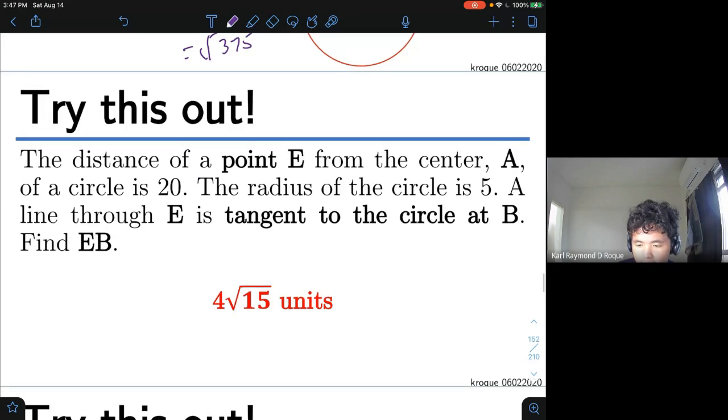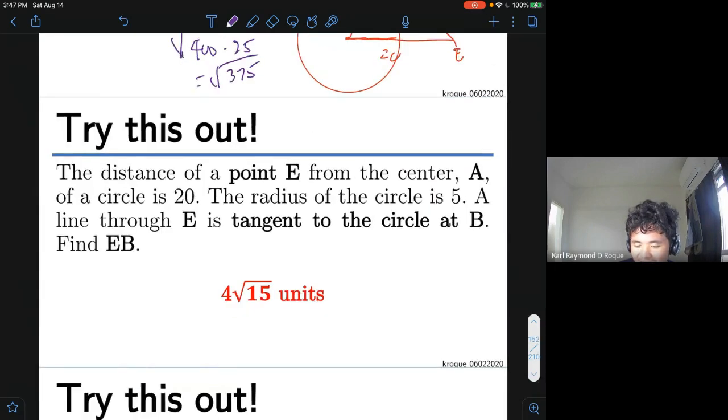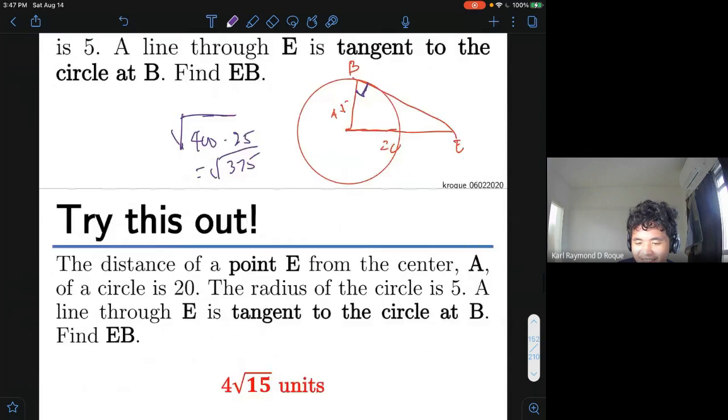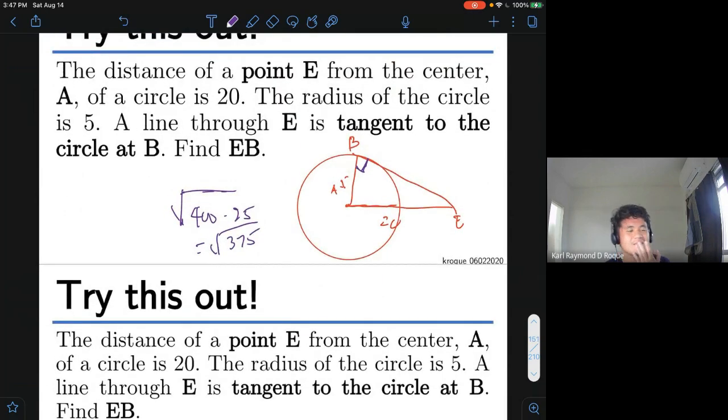Pero bakit mali ako? Oh, wait lang. Distance of a point E from the center is 20. Radius of the circle is 5.